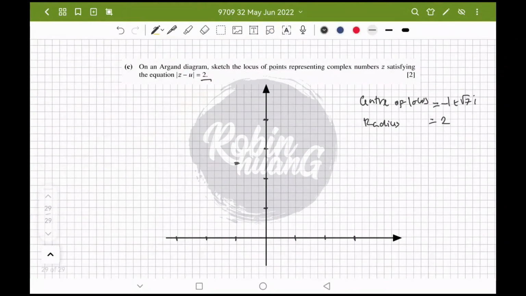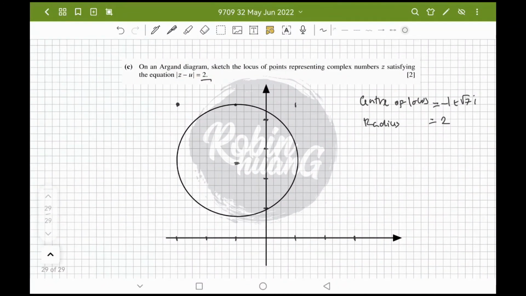Let me use a few points to help me. Okay, that is our Argand diagram.